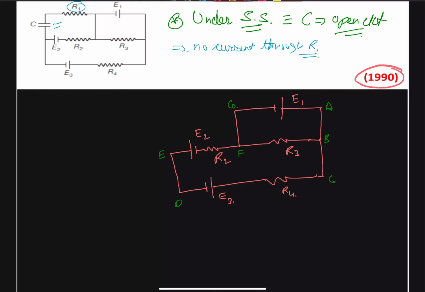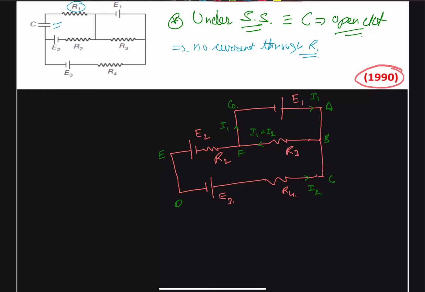So from E1, let us suppose the current that is flowing is our I1, and at node B, let us suppose the E3 is giving a current of our I2. Then through our R3, we are going to have two currents, that will be I1 plus I2. And at node F, it will be divided into two parts. So GF will be obviously our I1, because the current outgoing from the battery should be equal.